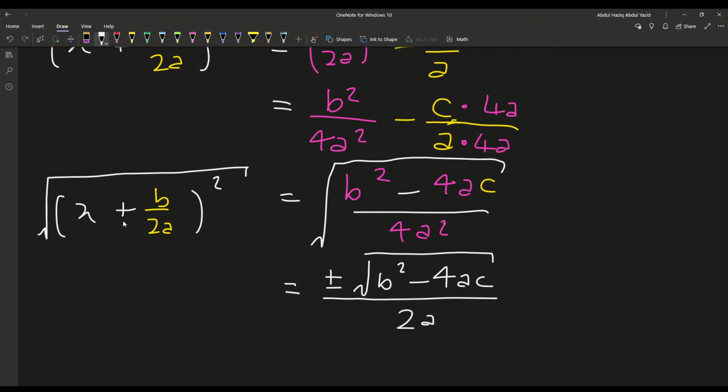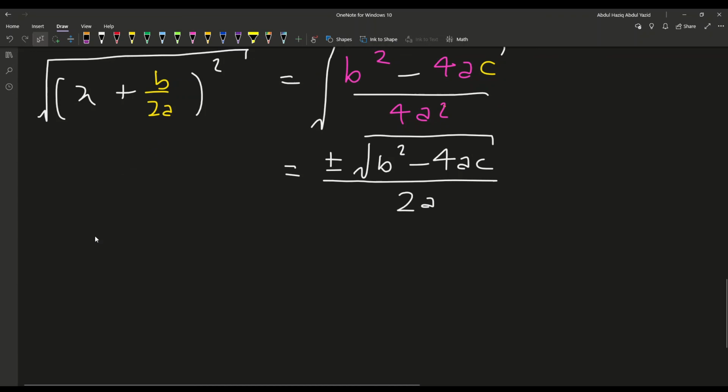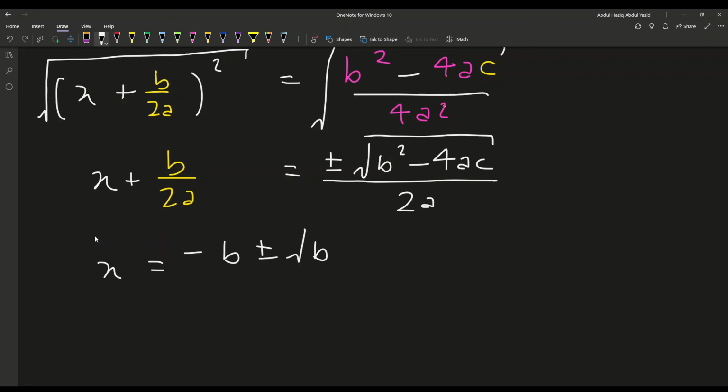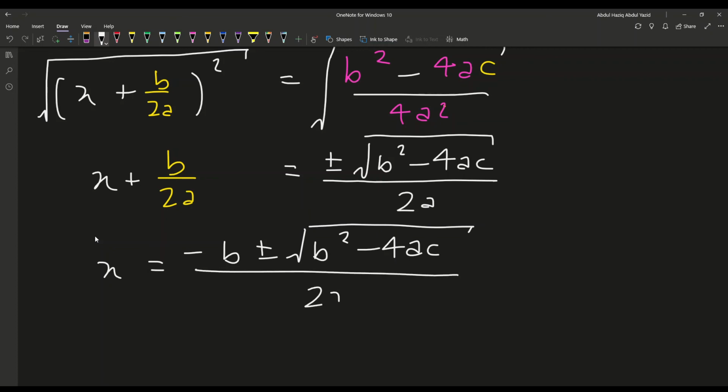And I think it's becoming increasingly clear what's going to happen here. So we still have x plus b over 2a on this side. Lastly, we can write x equals minus b plus or minus the square root of b squared minus 4ac all over 2a. And that's it.